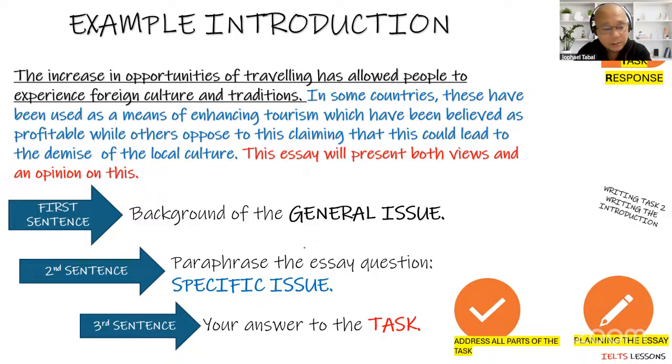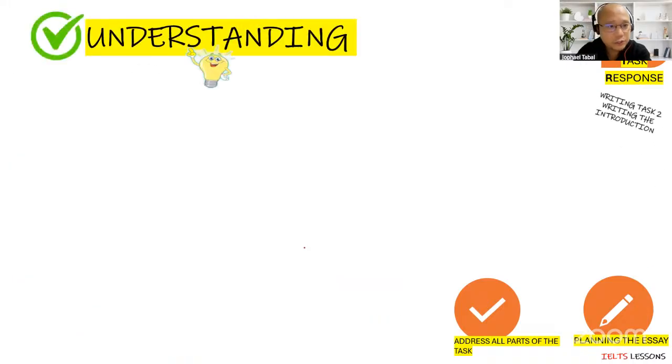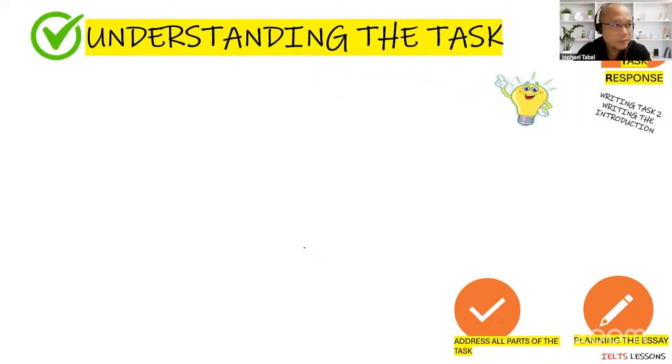It is important to have a short background, maybe just a phrase, not necessarily a sentence, to give a background of the general issue before paraphrasing. Oftentimes, students jump directly to paraphrasing without giving a background.